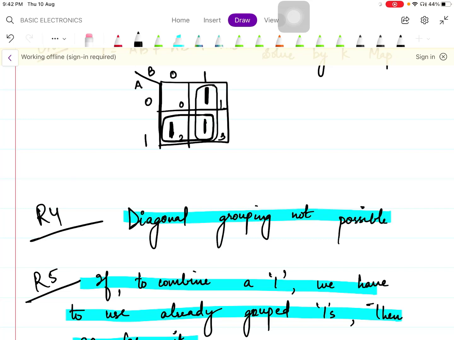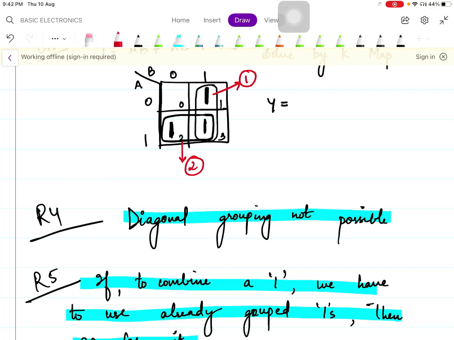Now let us write the answers for the two groups. First of all, we can number the groups. That makes the solving easy. So for the first group, I will first go to the A part. From A, I am not getting a single row or value of A for which the whole group is lying in that part.